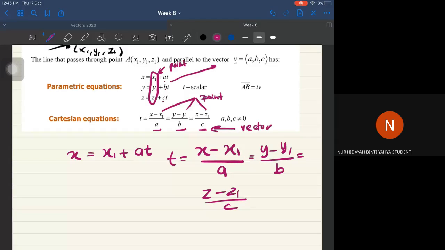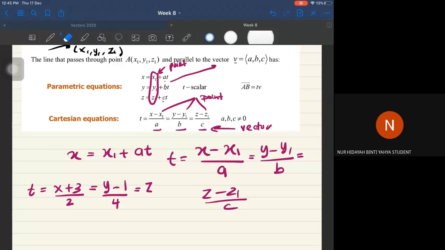So if you have the Cartesian equations given to you adalah x plus 3 over 2 sama dengan y minus 1 over 4 sama dengan z minus sama dengan negatif z.